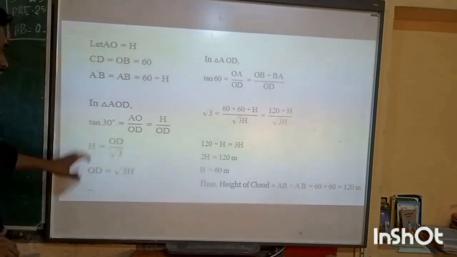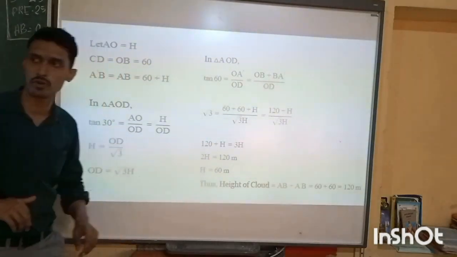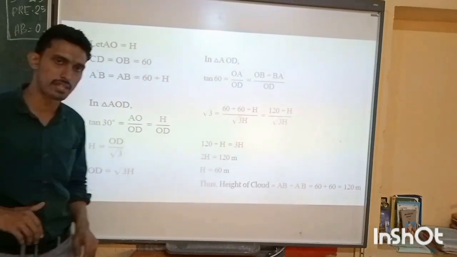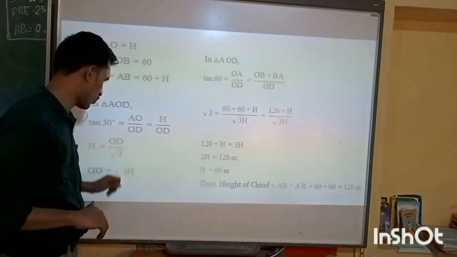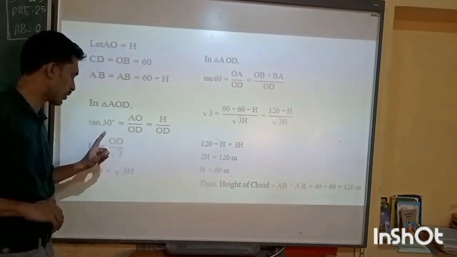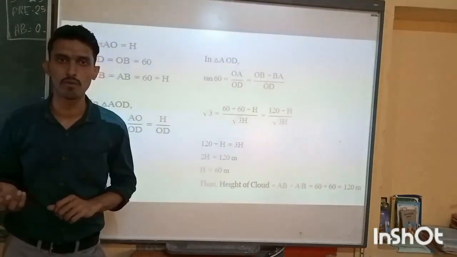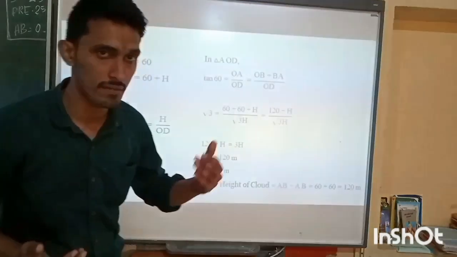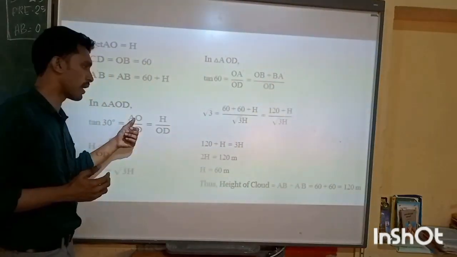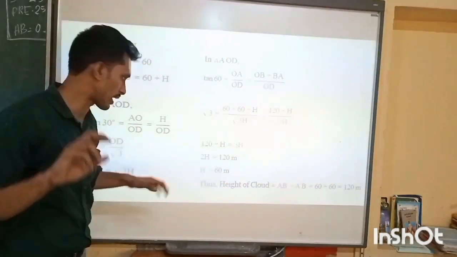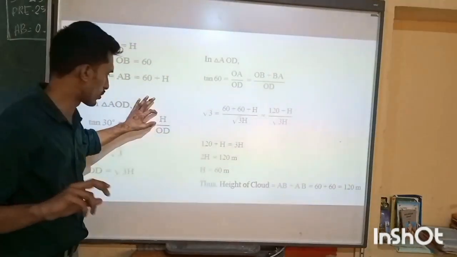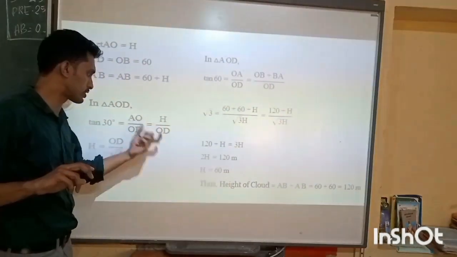So tan 30 equals AO by OD, which equals h by OD. So h equals OD by root 3. As you know, for the tan trigonometric ratio we take the opposite side by the adjacent side. So AO by OD, where AO is taken as the variable h.